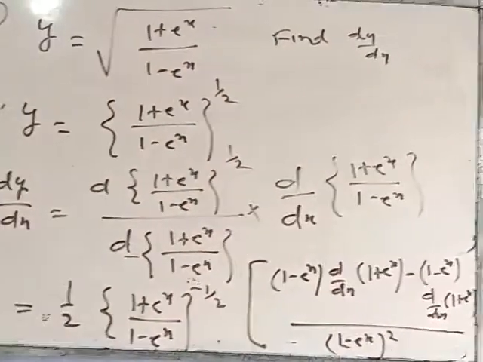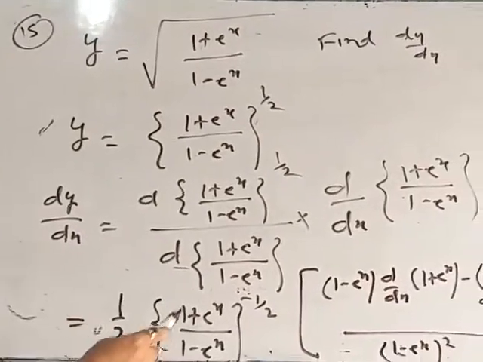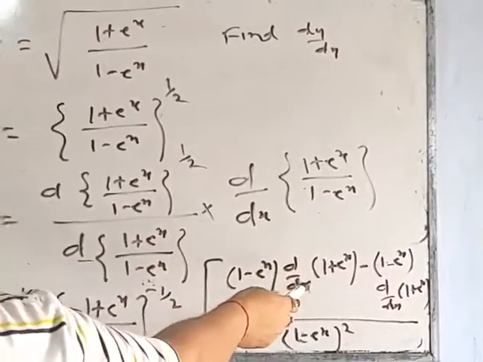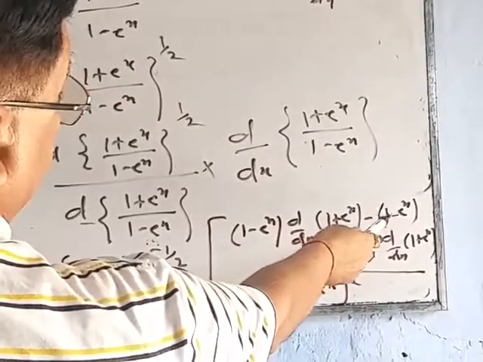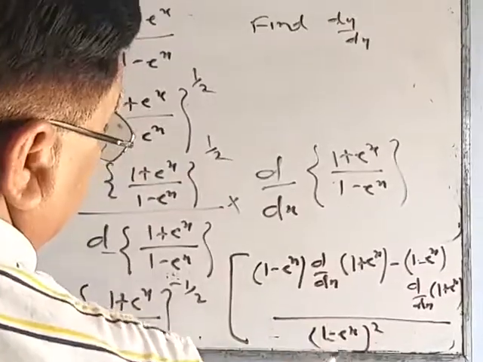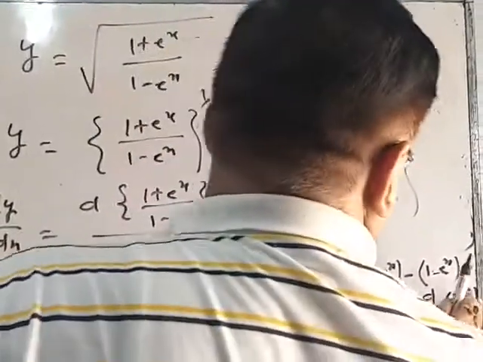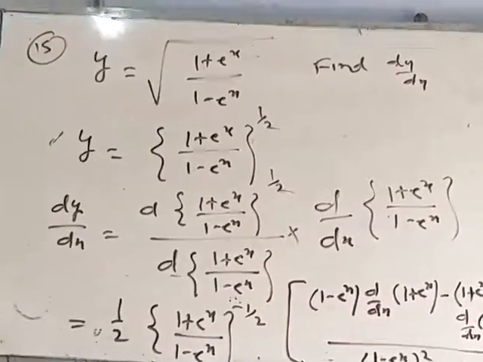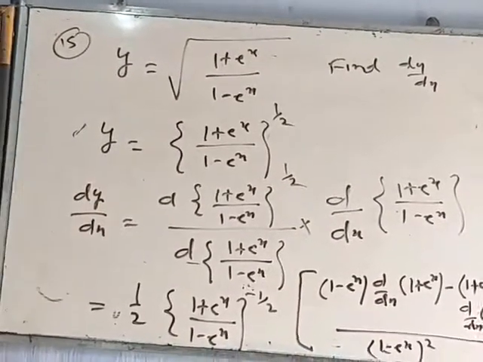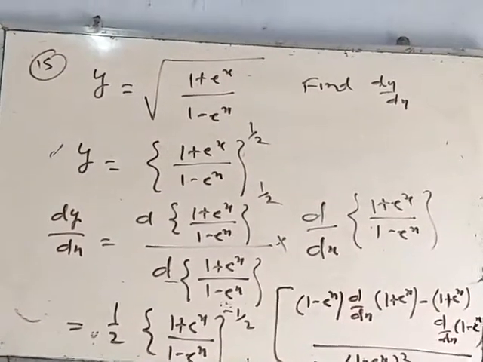So write in this way. Here 1 by 2, power minus 1, this one, and denominator times derivative of numerator minus numerator times derivative of denominator, by this whole square. So simplify further.